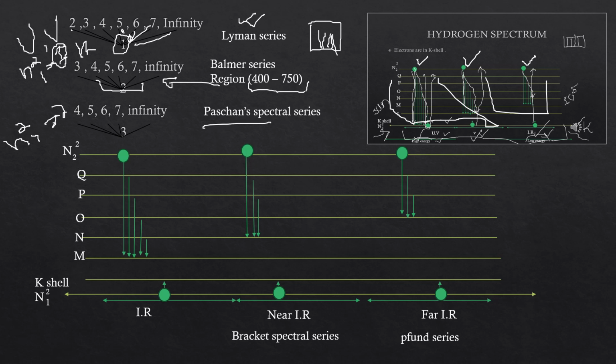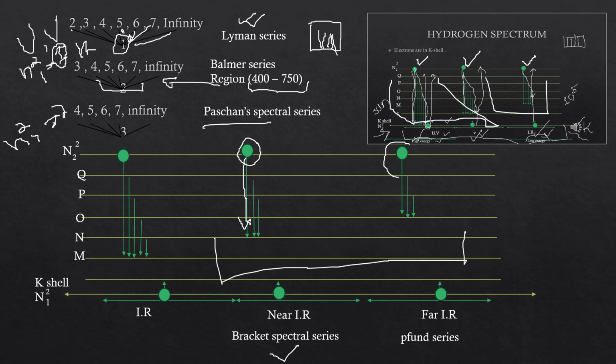The Paschen spectral series also has two more parts. In the first part, or microwave, the electron falls on the N shell. It does not go to the M shell. It falls on the N shell, and it is known as the Brackett spectral series.